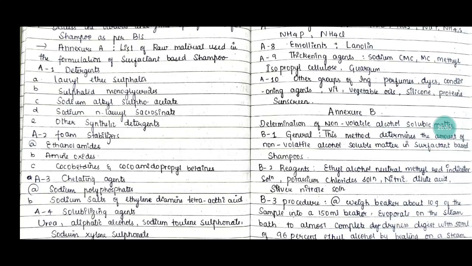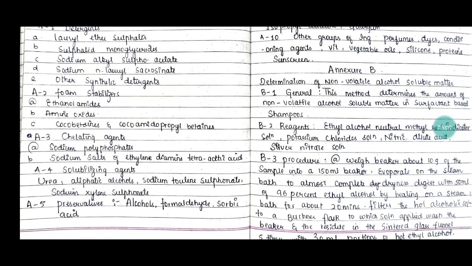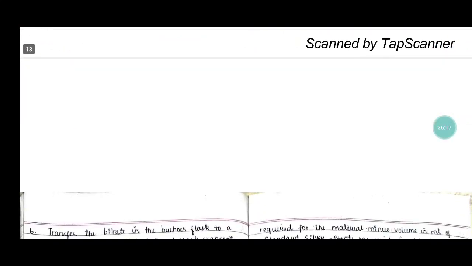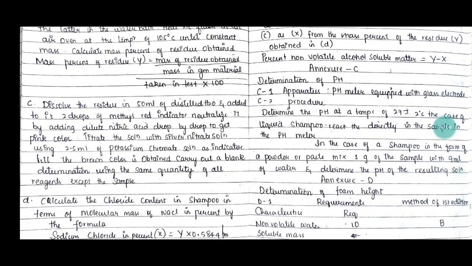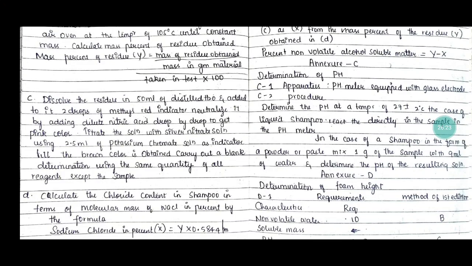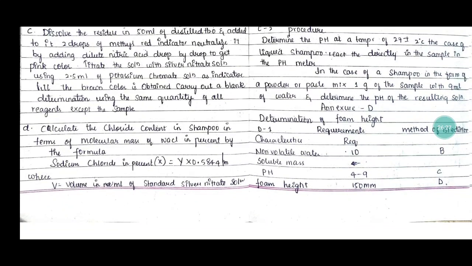And number B, determination of non-volatile alcohol soluble matter. In that, B1 general specification, B2 reagent, B3 procedure, and B4 calculation, and lastly calculation for the chloride content in the shampoo.